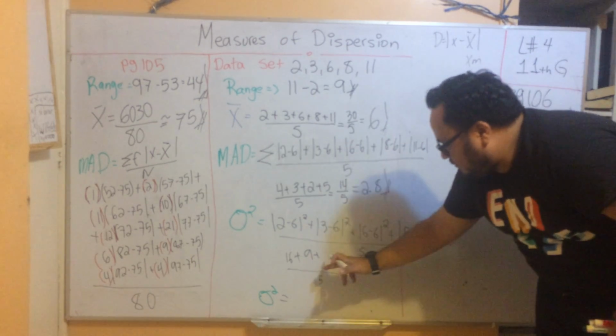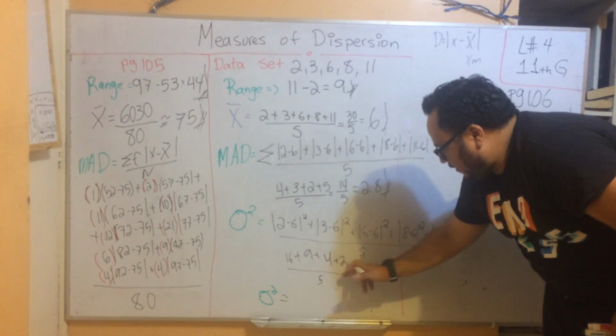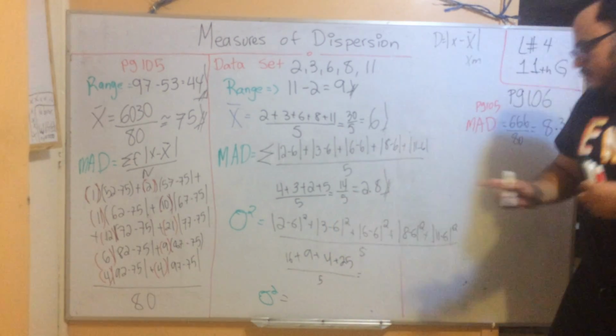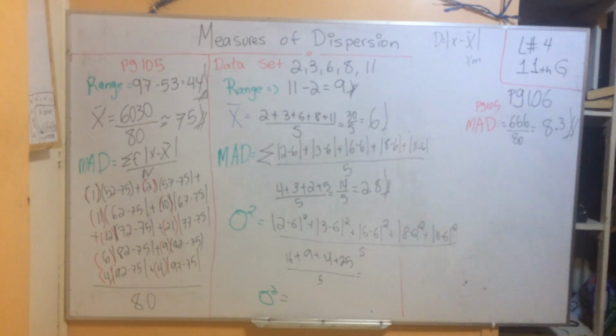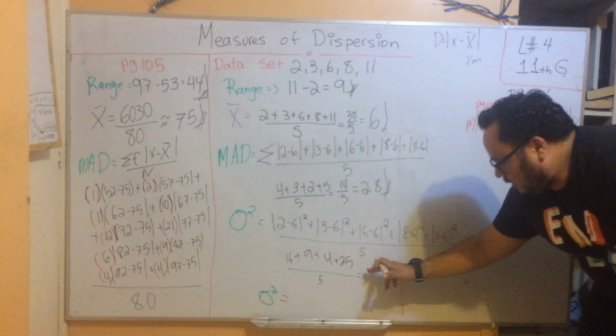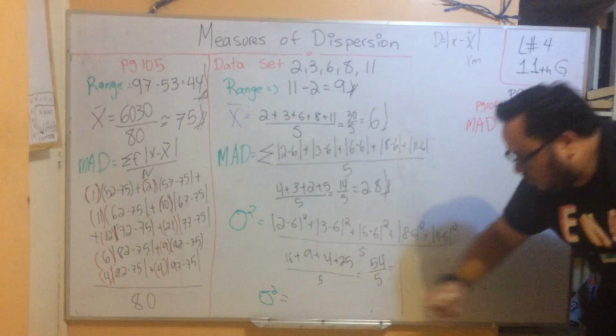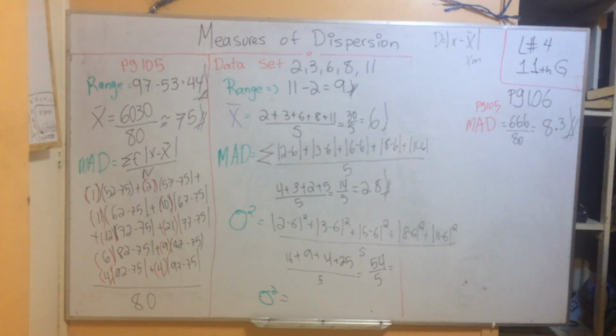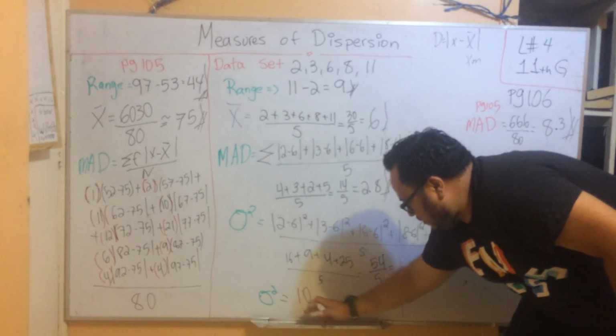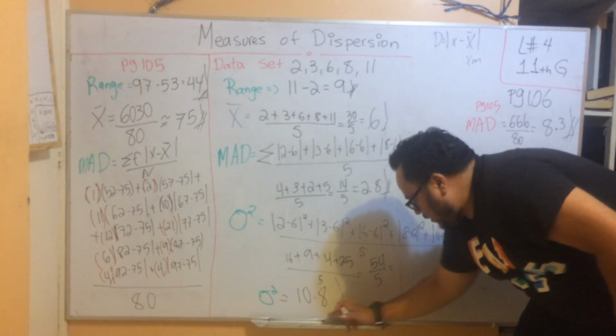This one is 4, sorry. And this one is 25. Now we can use our calculator. 16 plus 9 plus 4 plus 25 is 54. And 54 divided by 5. Okay, we have our variance. 10.8.